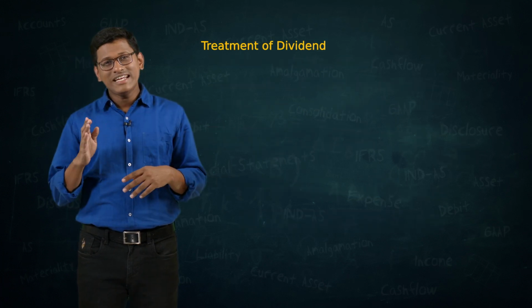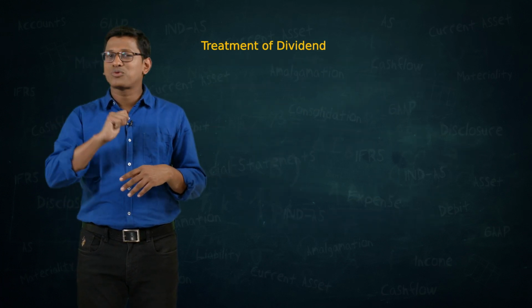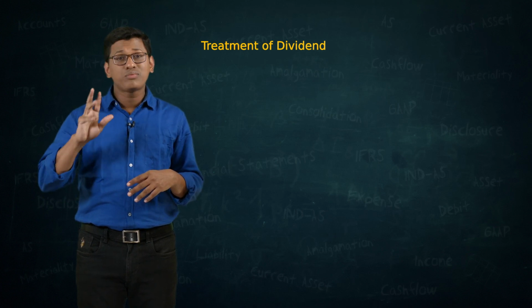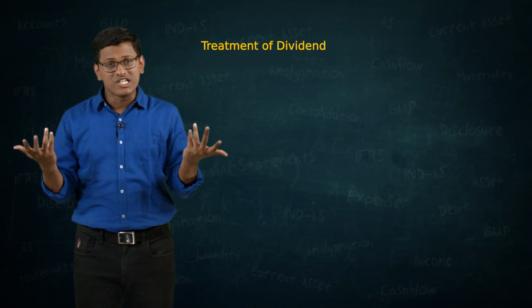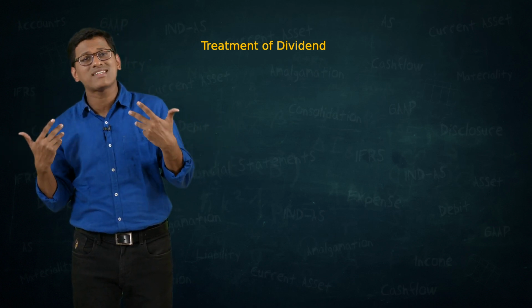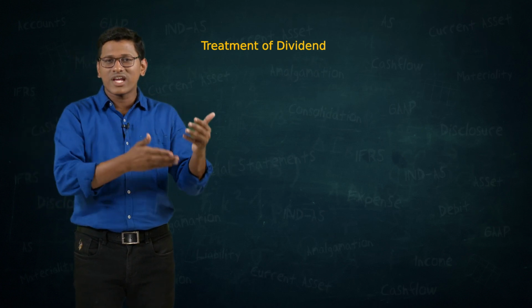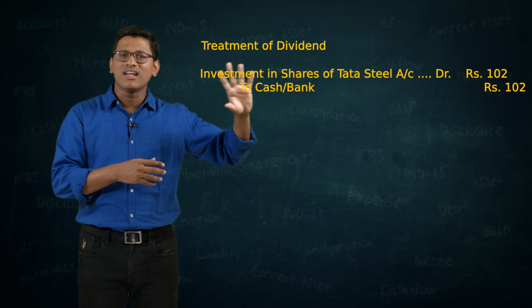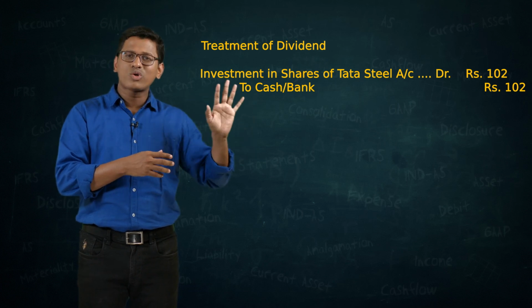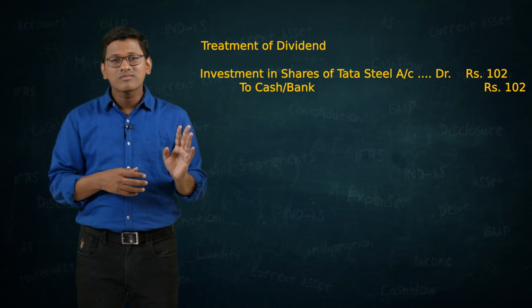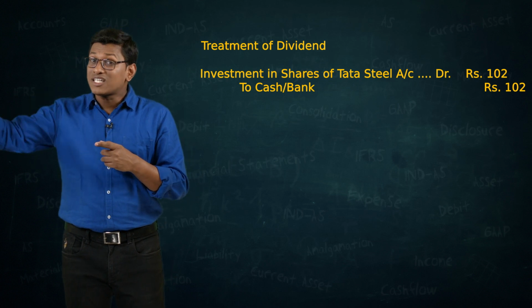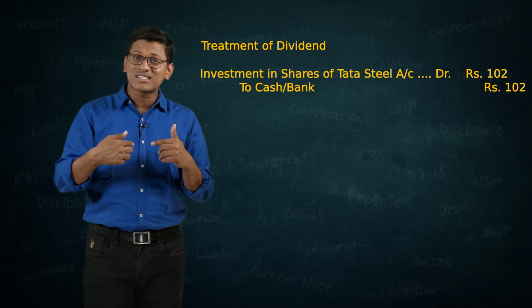Now imagine it is not an interest portion, there was some dividend portion, but we did not know how much dividend we might receive. So what is the entry we passed earlier? We would have passed an entry like this: investment in equity shares of, say, Tata Steel account debited with 102, to cash or bank 102. But for that period we are receiving some dividend.